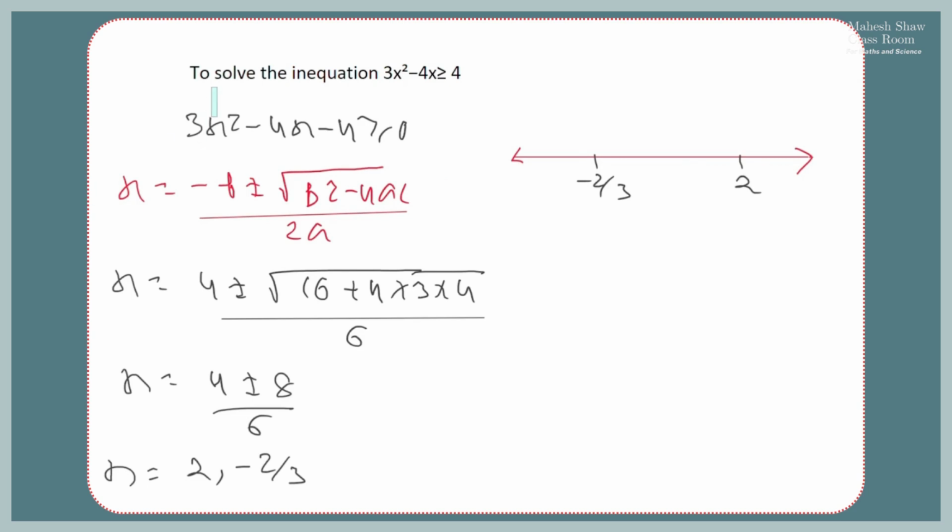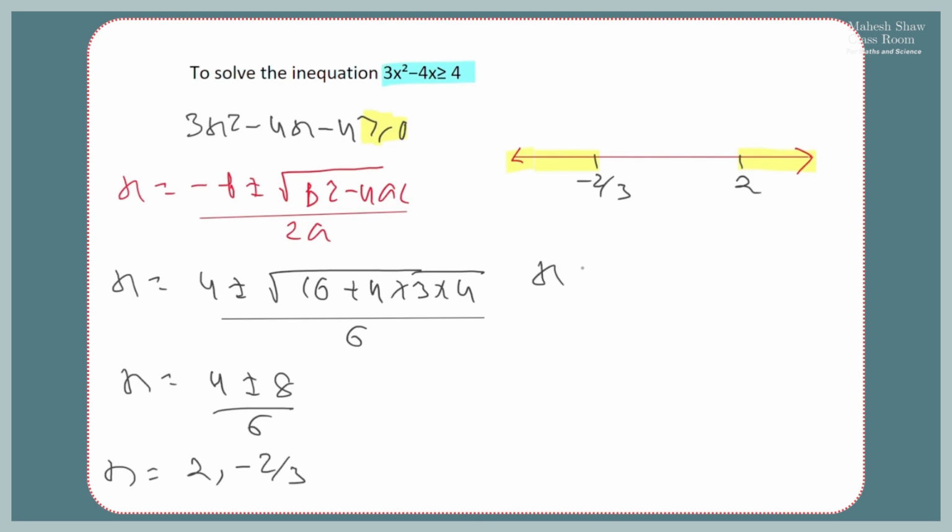Now what we can observe here, look into this inequation, is that the coefficient of x square is positive, therefore it is an upward parabola. So here it is greater than equal to 0. So we can say that inequation is satisfied when x is less than the smaller and greater than the bigger solution.